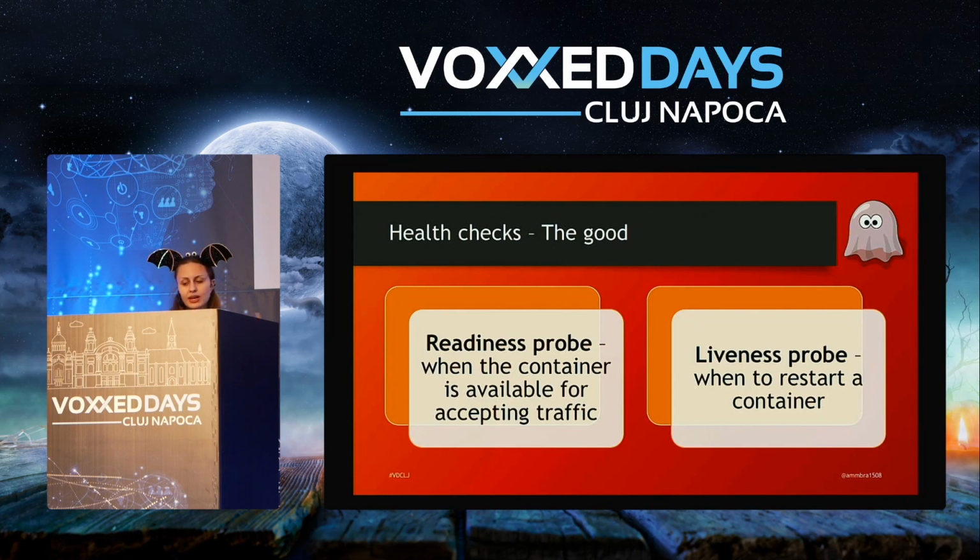And there's also the liveness probe, which tells you that you should probably restart your container because it's not feeling that well. The good thing about these two probes is that they can be run throughout the entire life cycle of the process, so it's not a one-time thing. The liveness probe is going to check how well your application is feeling, depending on how you set it up.